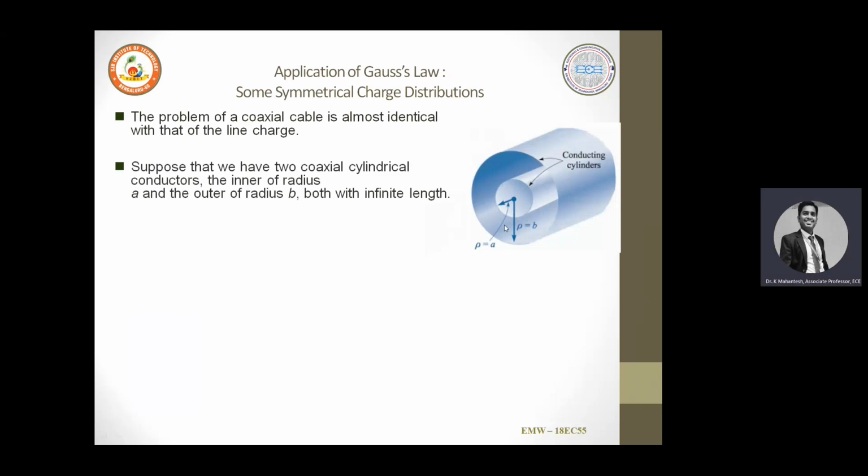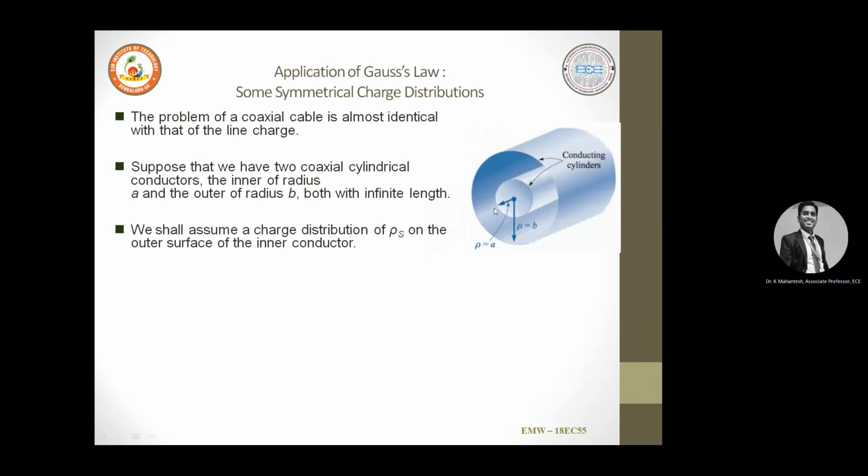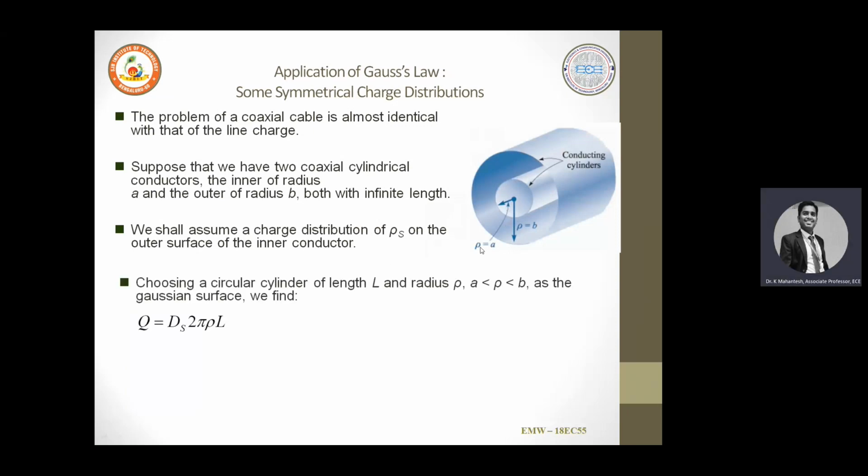Suppose that we have two coaxial cylindrical conductors, the inner of radius a and the outer of radius b, both with infinite length. We shall assume a charge distribution of rho s on the outer surface of the inner conductor. Choosing a cylinder of length L and radius rho such that a is less than rho less than b as the Gaussian surface.